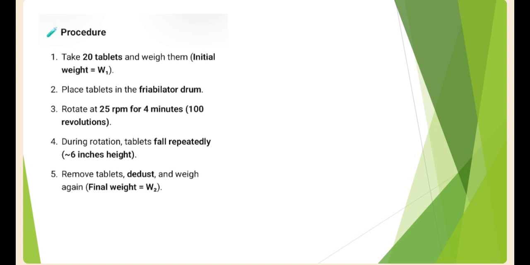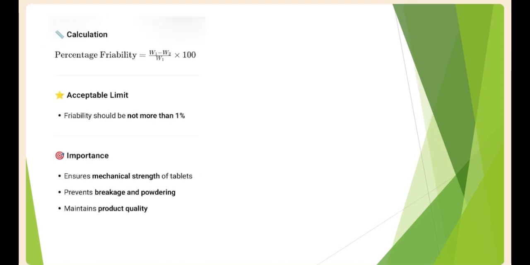Loss in weight indicates the friability. Percentage friability can be calculated from the difference between these two weights. Percentage friability equals W1 minus W2, divided by W1, into 100.